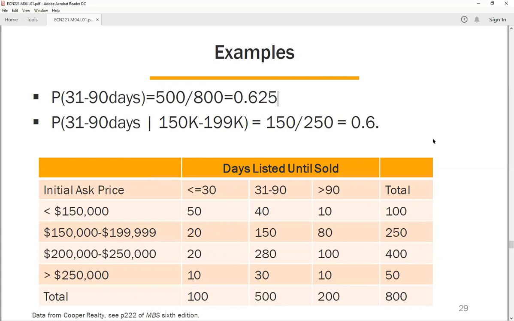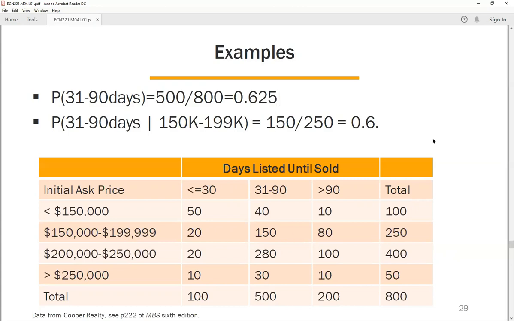But then if I want to find the conditional probability, so for example, I don't want to know just the probability that a house sells in 31 to 90 days, but I happen to know some information already, which is that the house's initial asking price was between $150,000 and $199,000. If I happen to know that, I can make a revision, I can make an adjustment. So I can calculate the conditional probability.